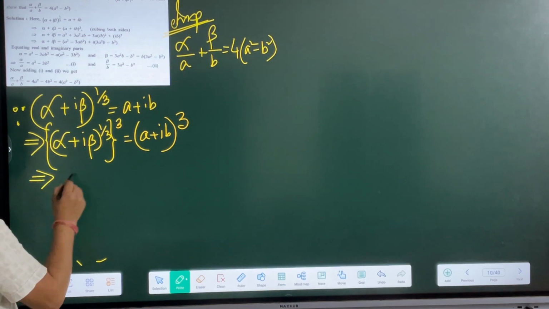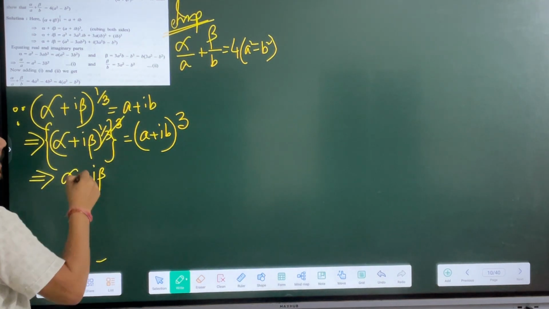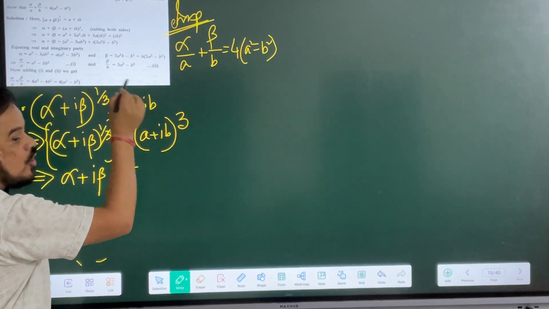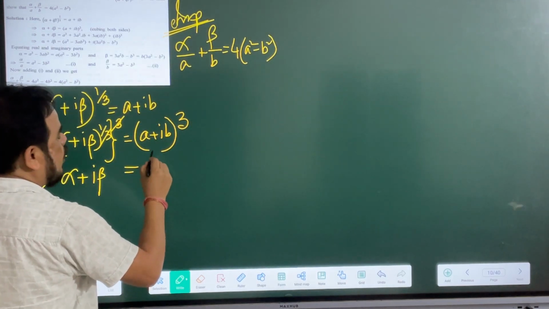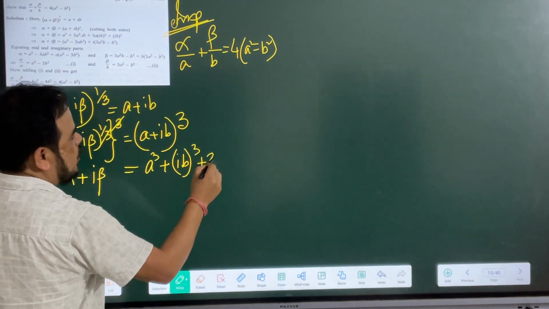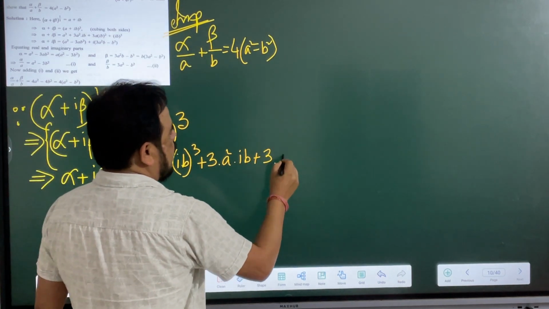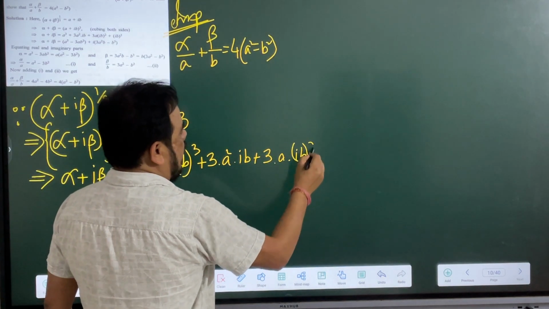Now, alpha plus i beta. The 3 cancels. For this we use the a plus b whole cube formula: a cube plus b cube plus 3a square b plus 3ab square.